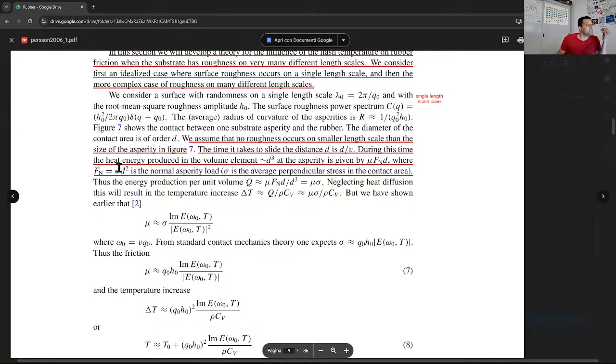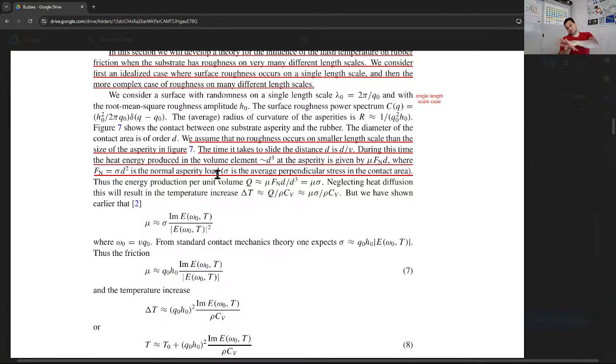Where Fn is sigma d squared, the normal asperity load, the normal load over the asperity. Sigma is the average perpendicular stress in the contact area, sometimes named pressure.